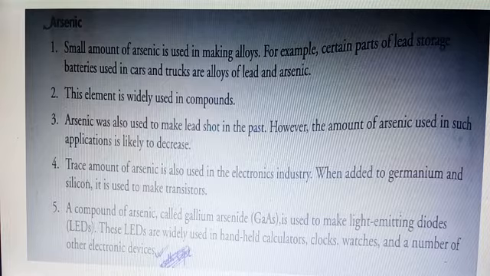Then a trace amount of arsenic is also used in the electronics industry. When added to germanium and silicon, it is used to make transistors. You are very much familiar with the word transistor. Radio is also called transistor.